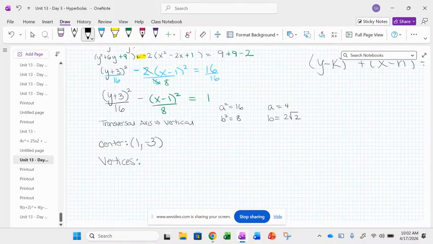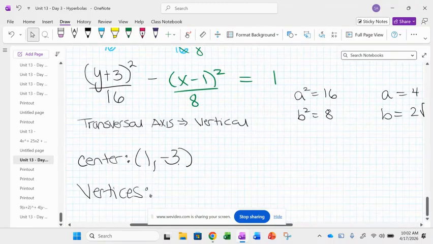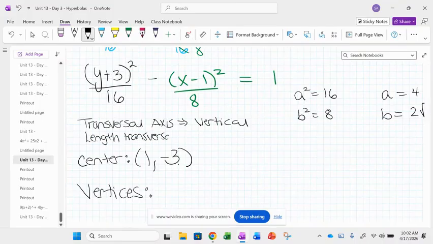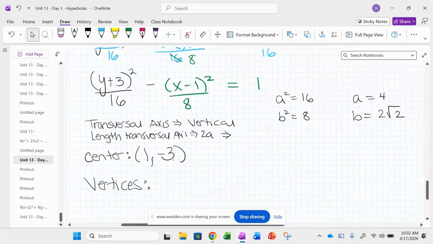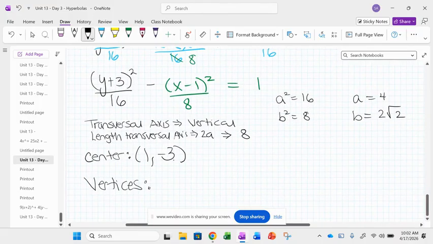Good. The length of the transversal axis. The transversal axis is vertical, and its length is 2a, which brings us to 8. What does that mean?